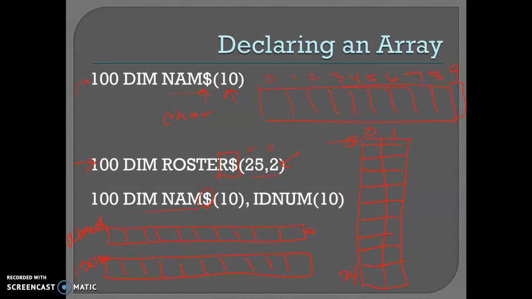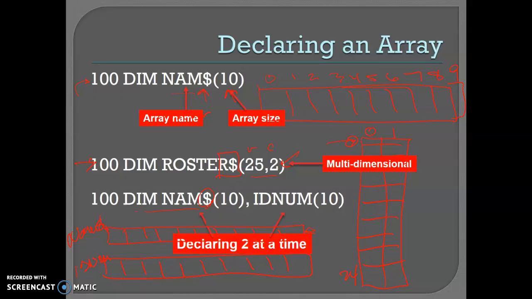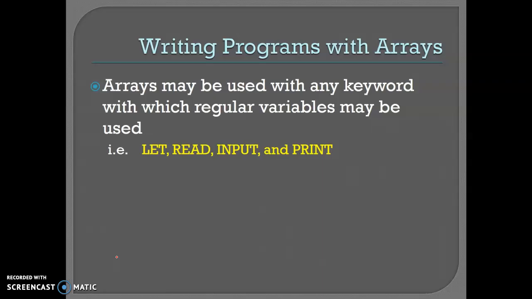That will give us a redefinition error, so you need to be mindful that your algorithm does not bring you back to line 100 in this example, otherwise you will get an error. So we have array name, array size, a multi-dimensional array, and then here we're declaring two arrays at the same time. I can declare 3, 4, 5 arrays. I can declare them on separate lines if I wanted to.